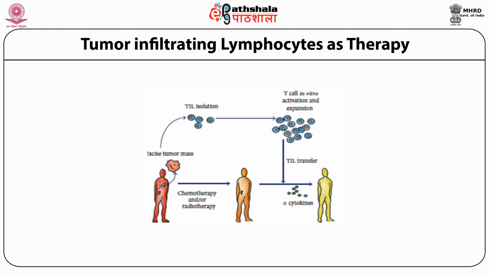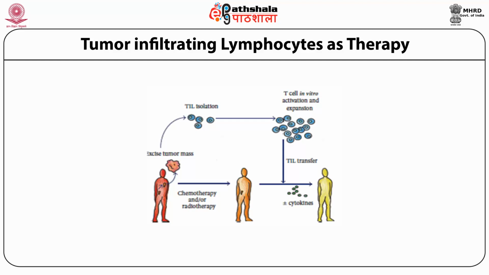To reap the benefit of tumor-infiltrating lymphocytes in clinical trials in early-stage cancer, it is acting as adjuvant therapy. Along with the chemotherapy or the radiotherapy of the patient, TILs are isolated from the tumor mass. Now these TILs are activated and expanded in vitro.